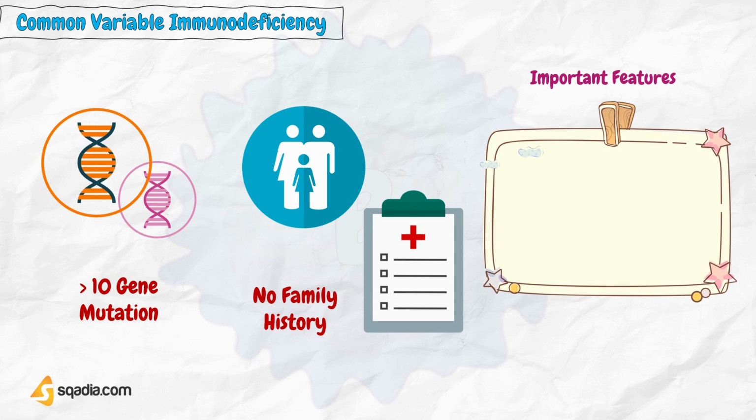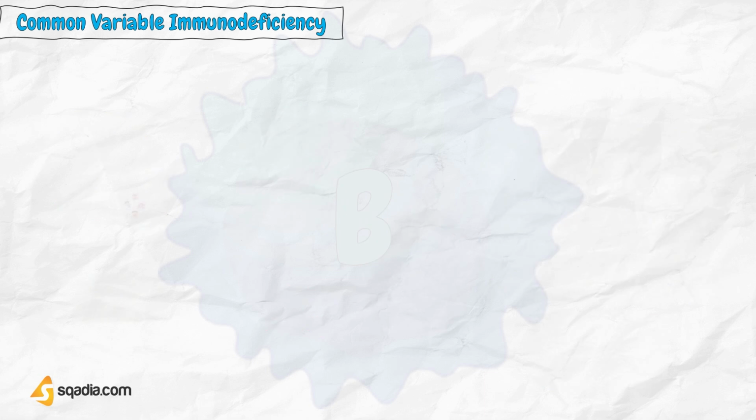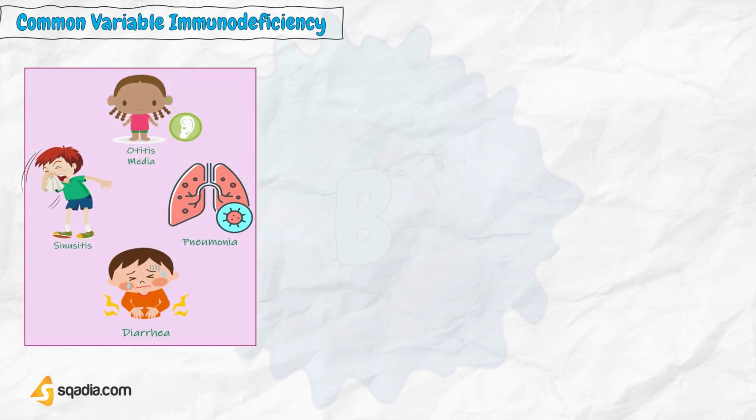So let's talk about some of the features. This is associated with a normal T cell count, with the absence of antibodies, which is usually IgG. However, sometimes IgA and IgM may also be deficient. Someone with CVID can present with recurrent respiratory bacterial infections and GI infections, such as enteroviruses and giardiasis.